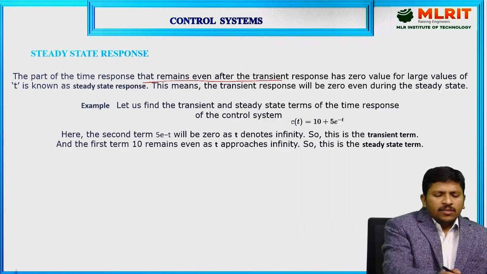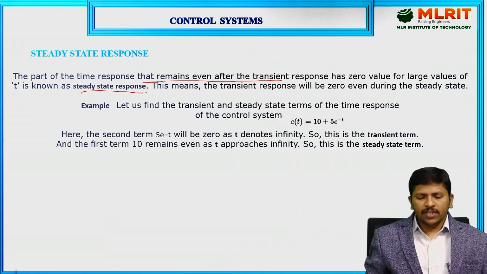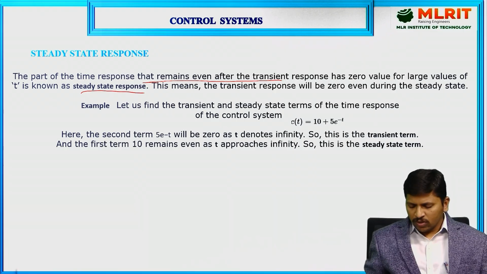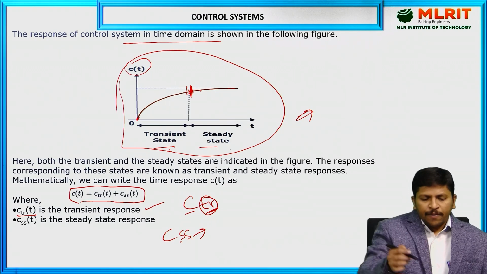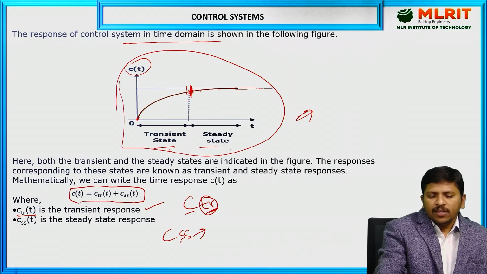Here, up to this point the value goes to infinity, so completely it has a constant value. From here, once we reach the steady state, after that completely the value is going to be constant.